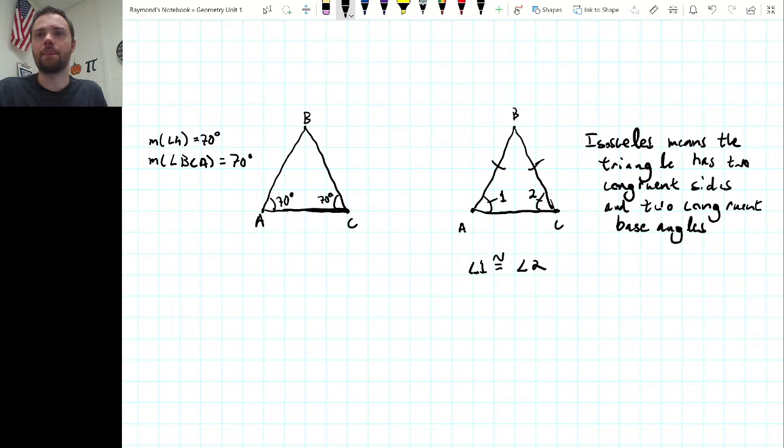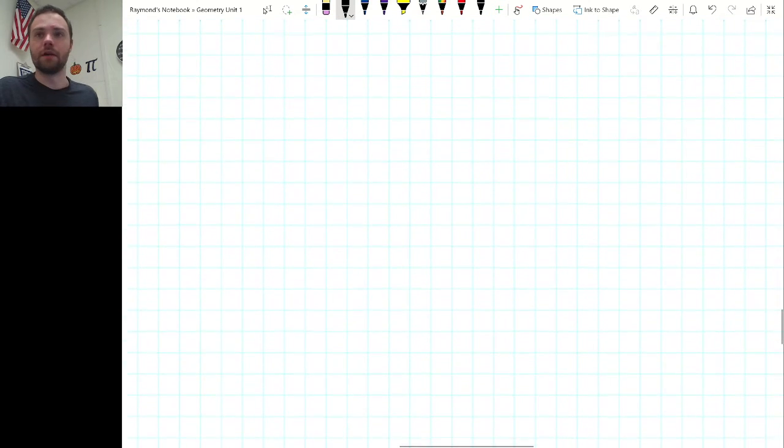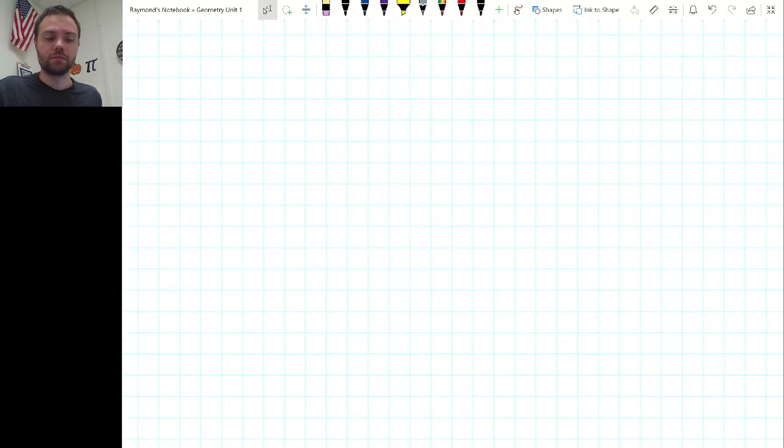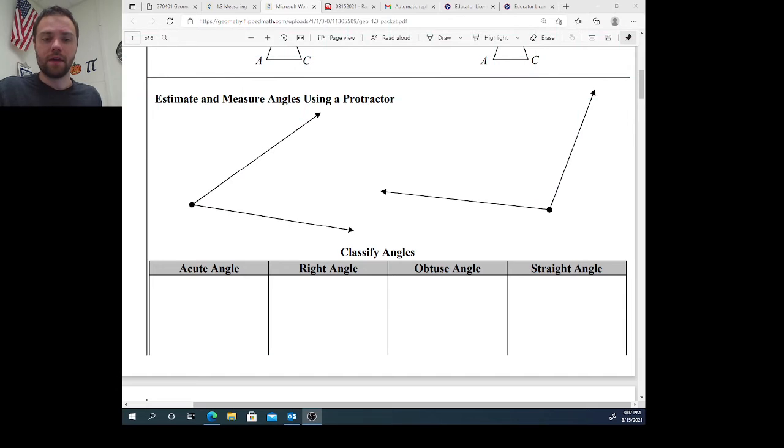I'm going to do my best to do this next part. Let's take a look here. Estimate and measure angles using a protractor. So what you'll see is a small angle and a big angle.